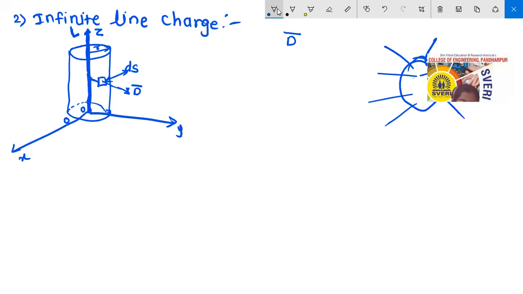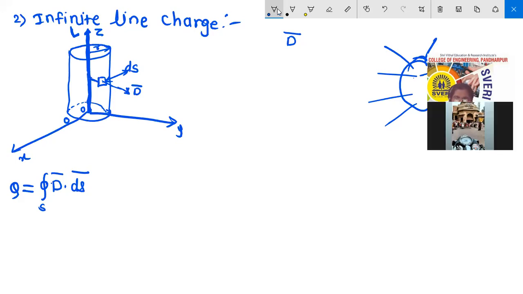Now we have to find the Gauss law, or we have to see the applications here. We are finding the charge from the integral form. So here Q is equal to the closed surface integral of D bar dot dS bar. Now in which direction is this D bar?